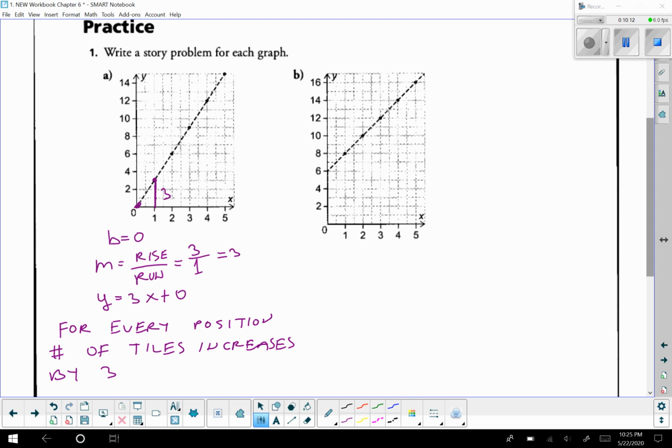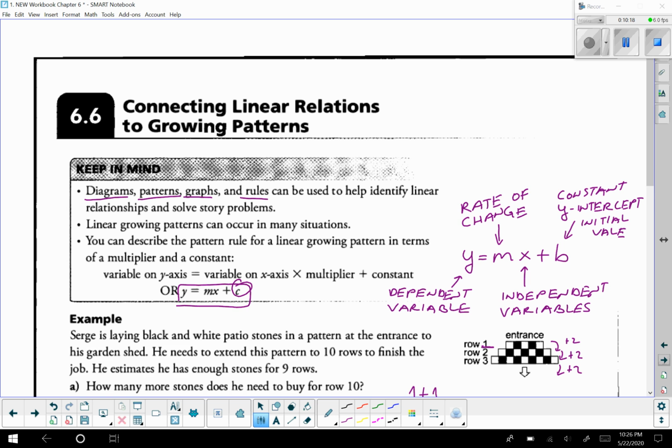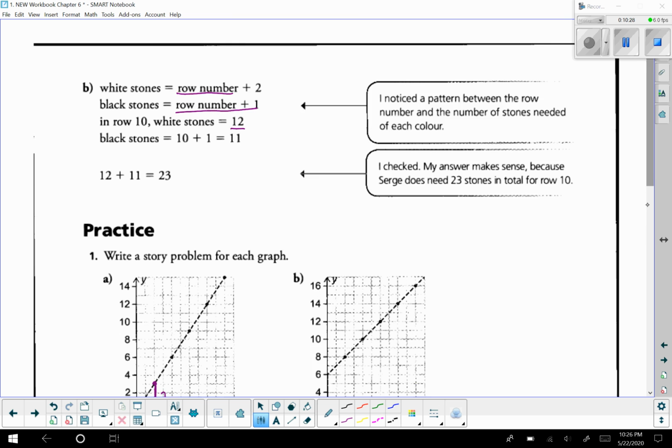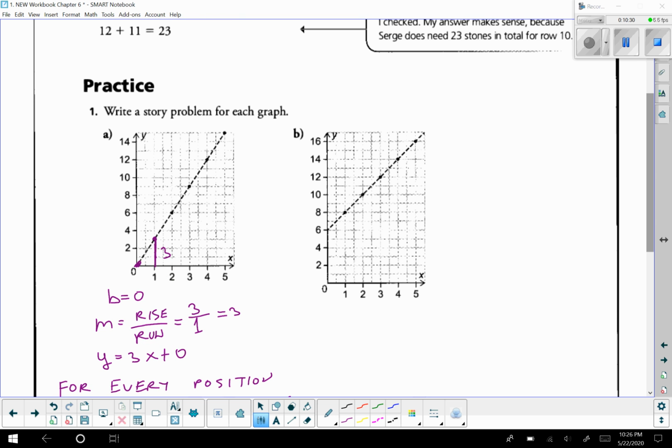Now this is nothing fancy. We can go and make up a story just like in the previous one where there's a solution. So we can say, you're laying patio stones, and in the first row you have a certain number, in the next row you have a certain number that increases by 3, that sort of stuff. So you can make up a story like that.